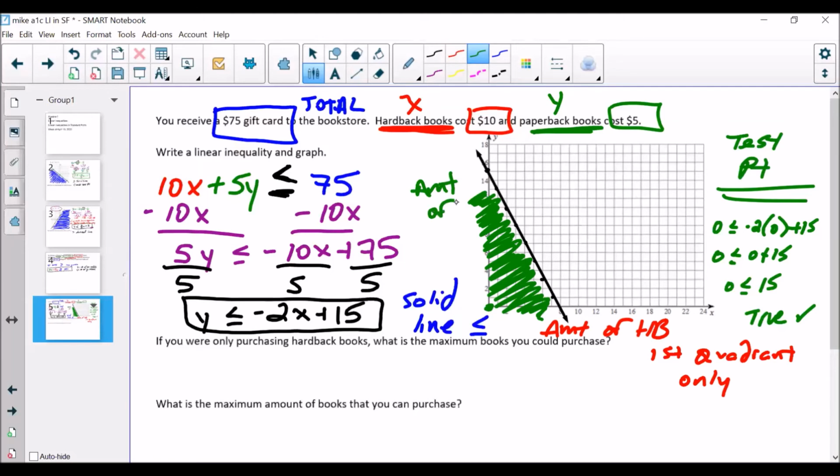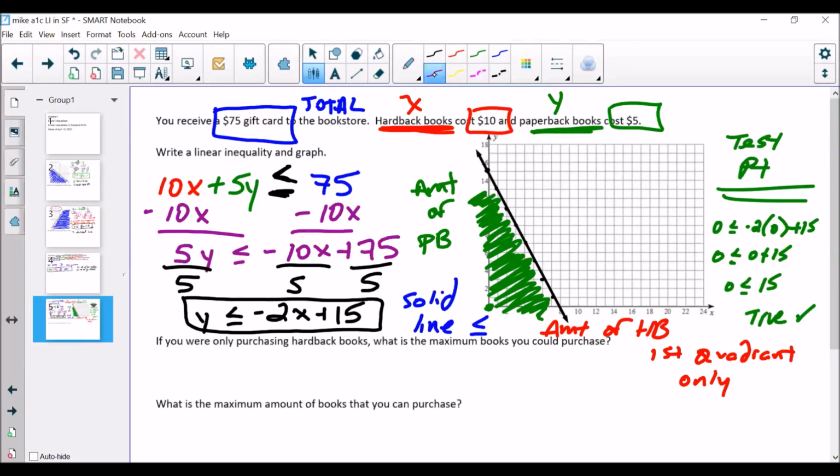So I'm labeling my two axes here, which we did at the beginning of the problem, but it's going to help us when we get down here to the bottom and have to answer some more questions about this. The next question says, if you were only purchasing hardback books, what is the maximum books you could purchase?